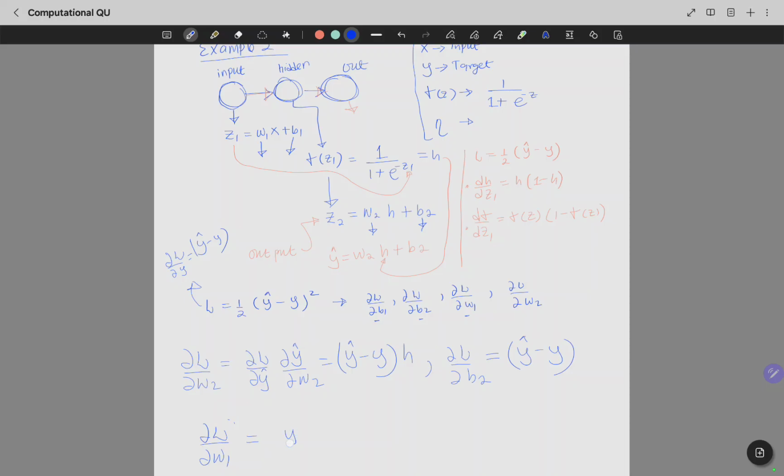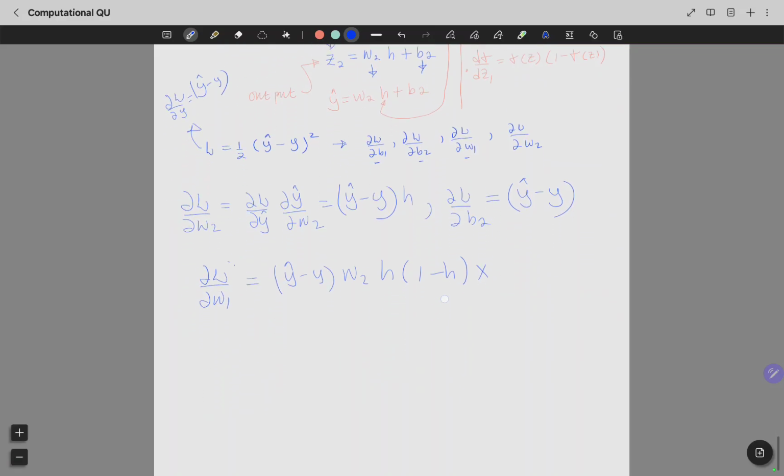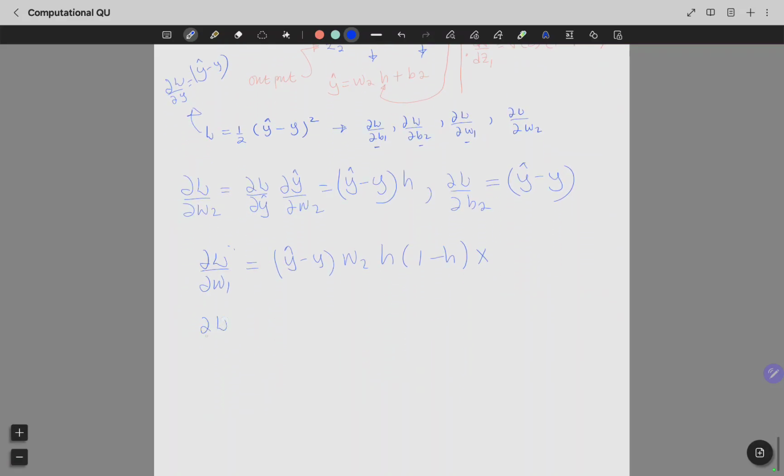So this is going to give you y hat minus y, omega 2, h into 1 minus h, times x. Also dL by db1 gives you y hat minus y, omega 2, h into 1 minus h. And then we're done with the gradients.